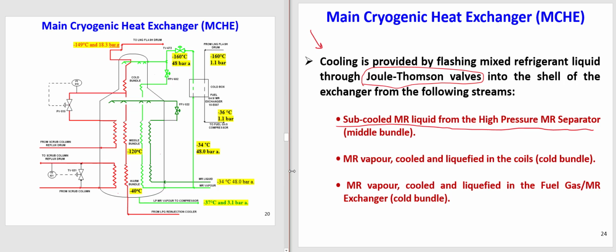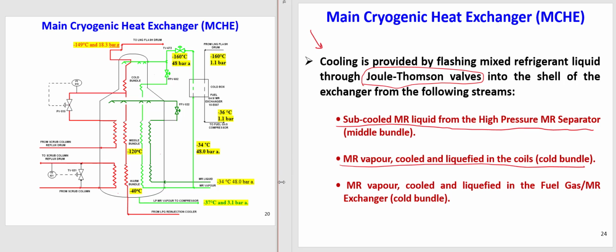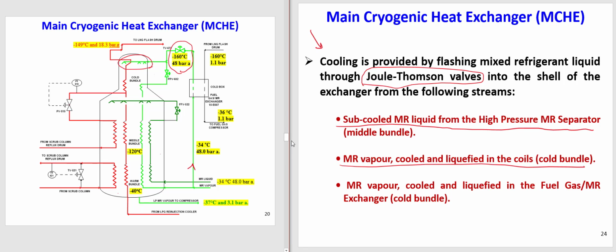Then, mixed refrigerant vapor is cooled and liquefied in the coils. So mixed refrigerant vapor here goes to the heat exchanger first, and then we also have a valve here where we can drop the pressure. Once we drop the pressure, we can drop the temperature and create cold temperature, and we use that cold temperature in the cold bundle.